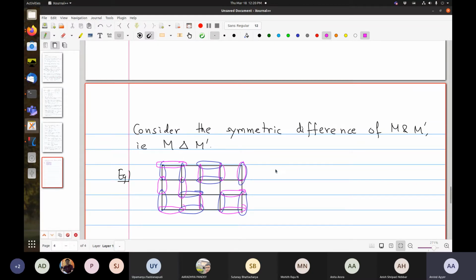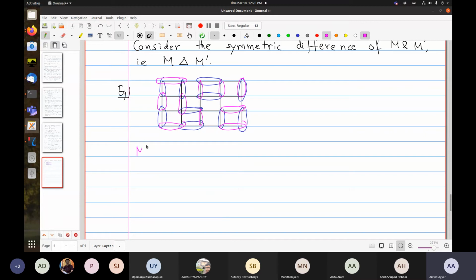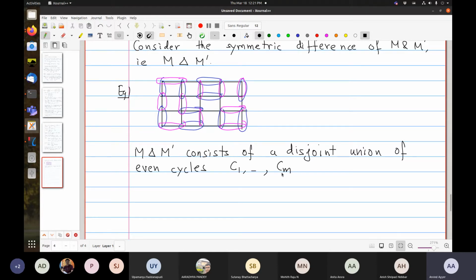So the symmetric difference of M and M prime consists of a disjoint union of even cycles, let me give them some names, C1 up to Cm, in G, whose edges alternate between M and M prime.